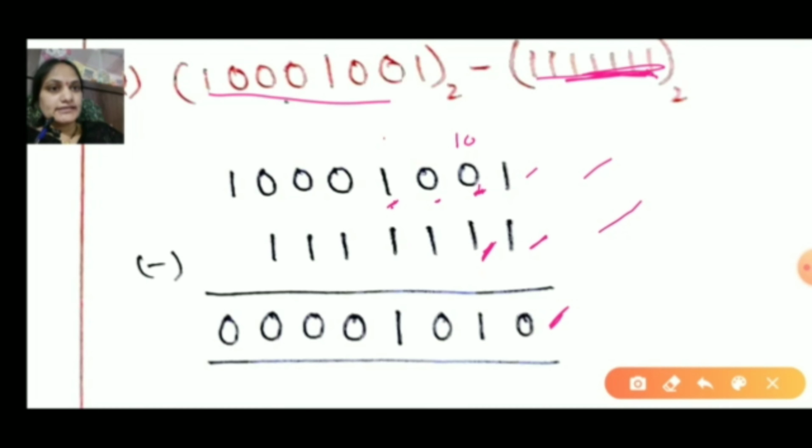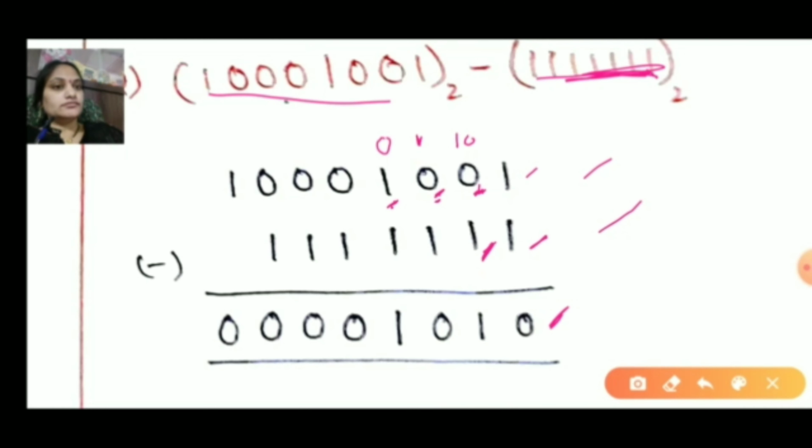That is, it becomes 0. And what about this 0? Becomes 1. Why? The highest digit in the binary number system is 1. Okay, you have to put the highest digit in that system. What is the system here we are following? We are following the binary number system. That's why we have to write 1 here.